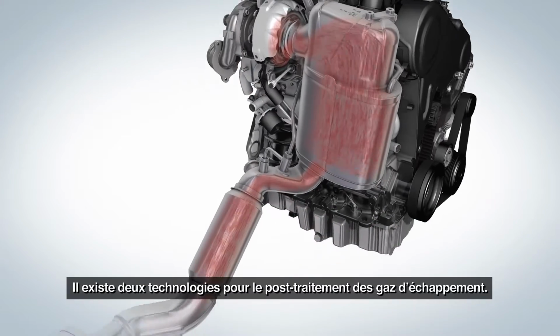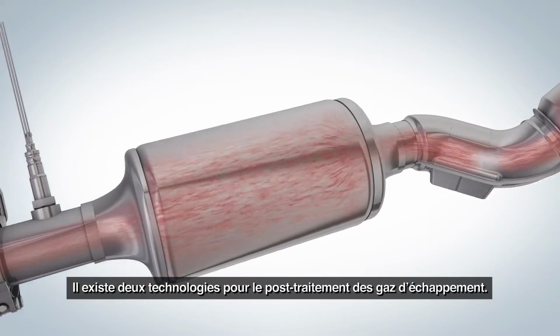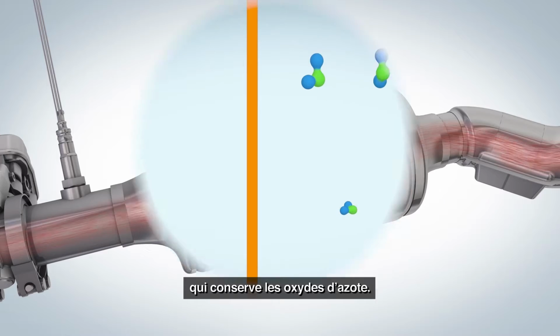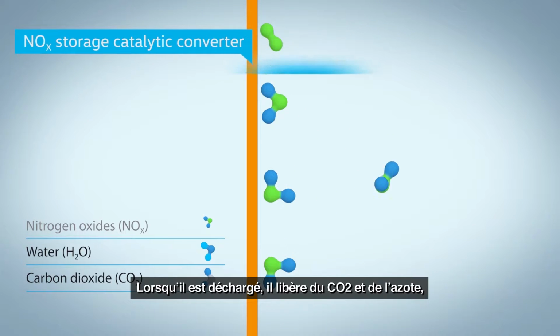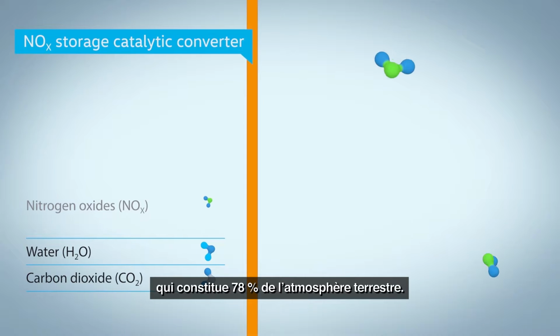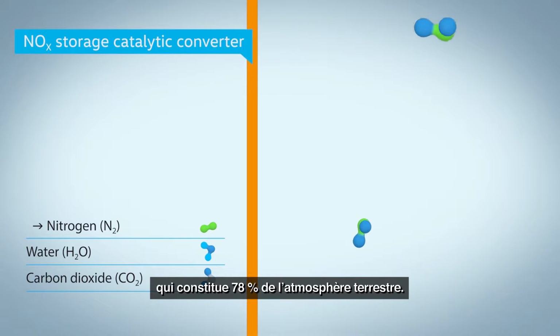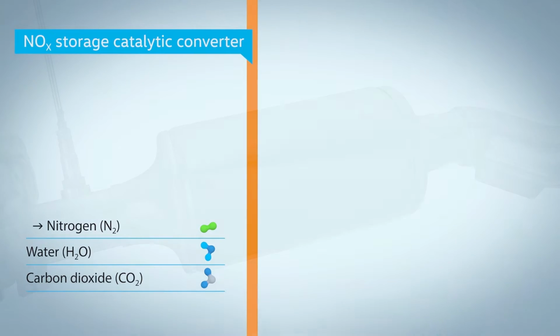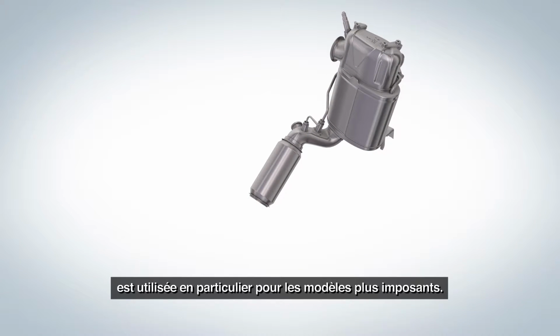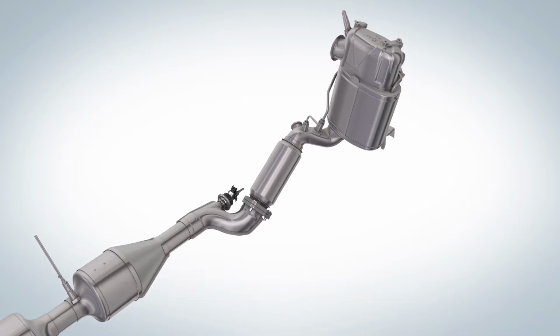There are two technologies for this exhaust gas aftertreatment. One of them is the NOx storage catalytic converter, which stores the nitrogen oxides. When it is discharged, it releases CO2 and nitrogen, as it makes up 78% of our natural atmosphere. Especially in larger vehicles, another technology is used, the SCR system.